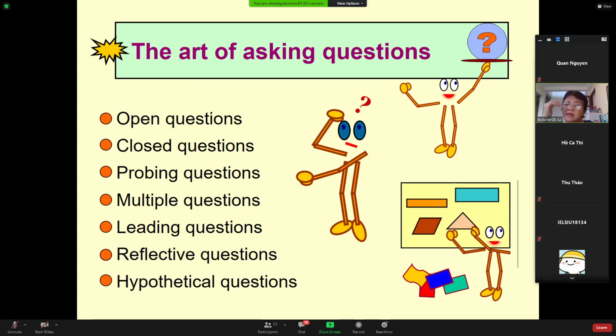When we ask an open question, we give them the opportunity to explore the answer, so we understand more. Try to explore the opportunity.